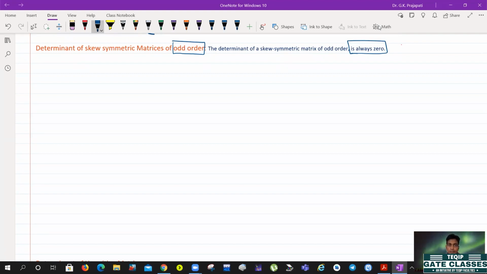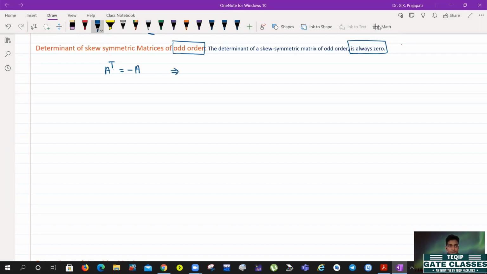We can see an example. By definition we know that a matrix A is said to be skew symmetric if its transpose equals negative A.